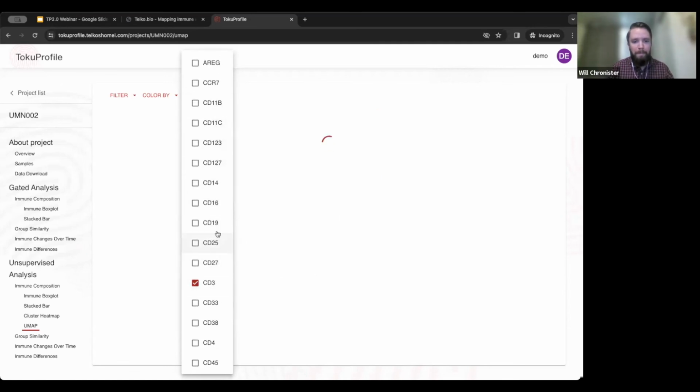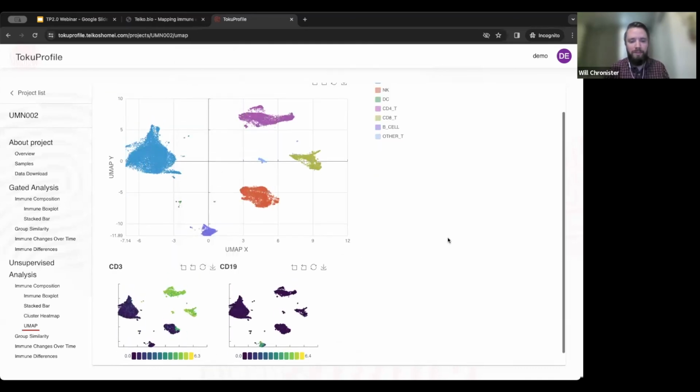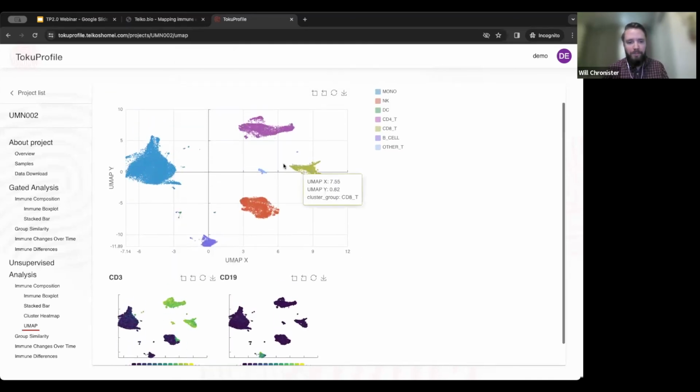Yes, there it is. And CD19, that's a good one to just make sure our T cell and B cell clusters are expressing these markers, which are of course central to their identity as T cells and B cells.